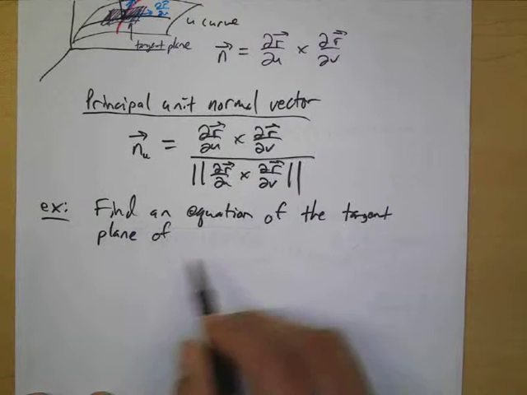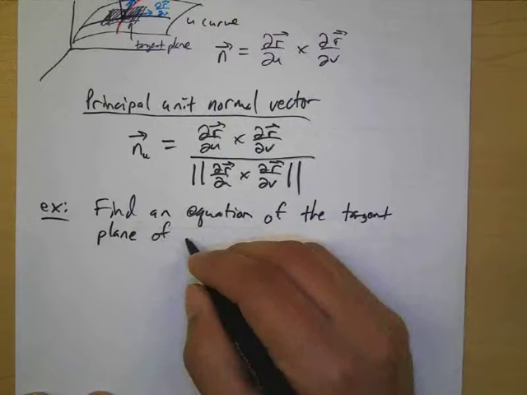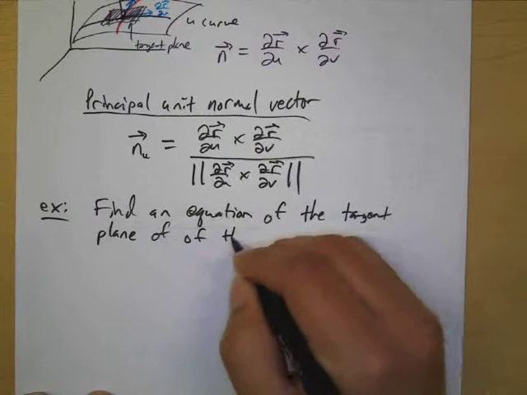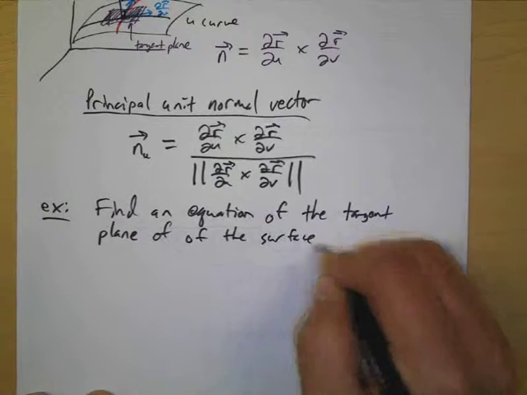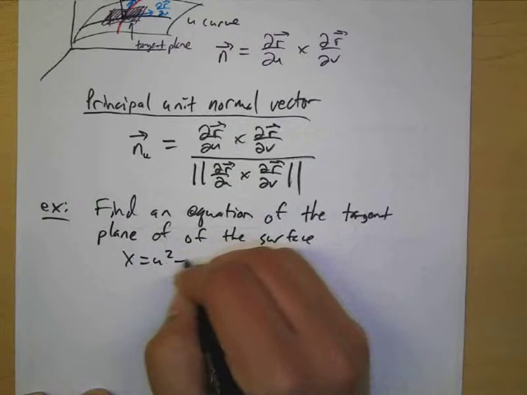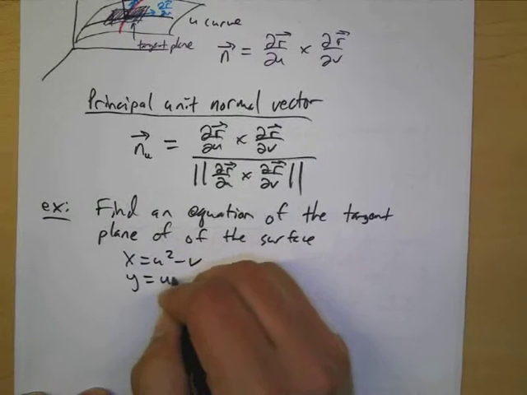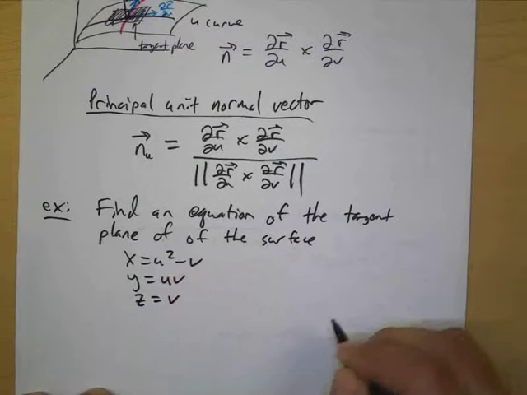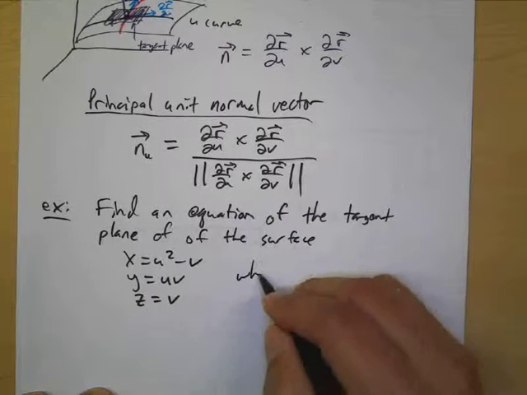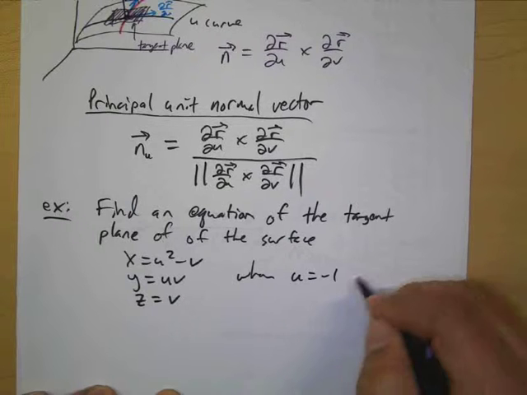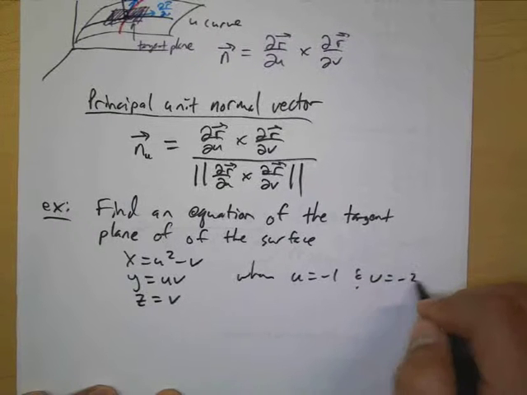Okay, so if we want to find the equation of the tangent plane of the surface where x equals u squared minus v, y equals uv, and z equals v, when u equals -1 and v equals -2.